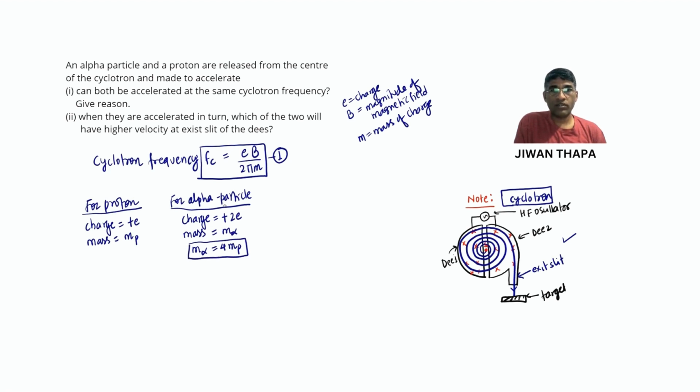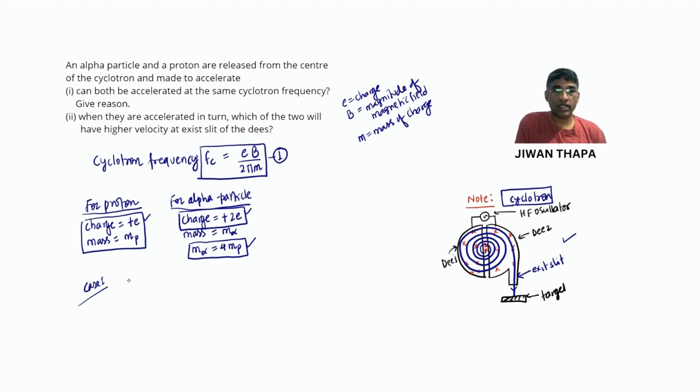So we are going to use these concepts and symbols for this problem. Now case 1: can both be accelerated at the same cyclotron frequency? Give reason. So we are going to express equation 1 for the proton and the alpha particle.